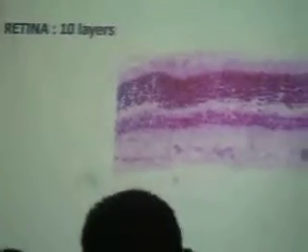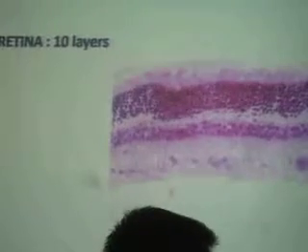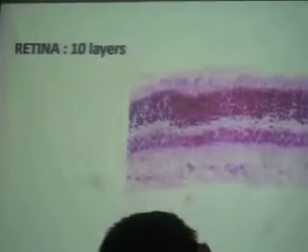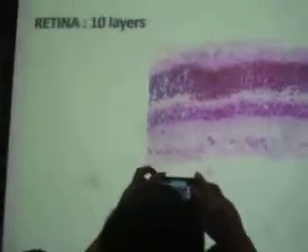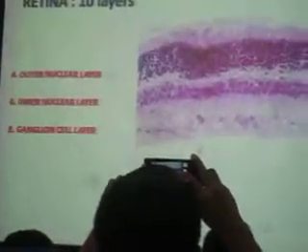Have you memorized them? What are the key layers that you have to remember? There are 3 main layers, the layers that have the cell bodies of neurons: the 4th, the 6th, and the 8th.